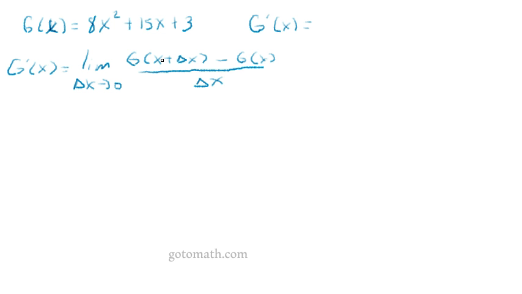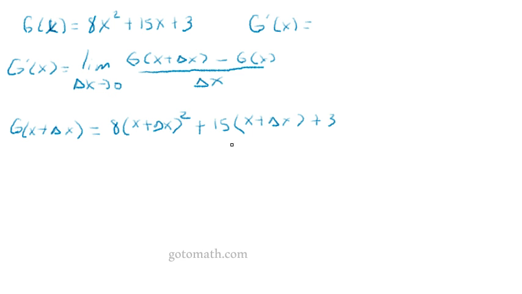So the first thing I'm going to find is this top part up here, and that is, well, let's do g of x plus delta x. Okay, and so that means we're going to take 8, take x plus delta x squared plus 15 times x plus delta x, and then plus 3.